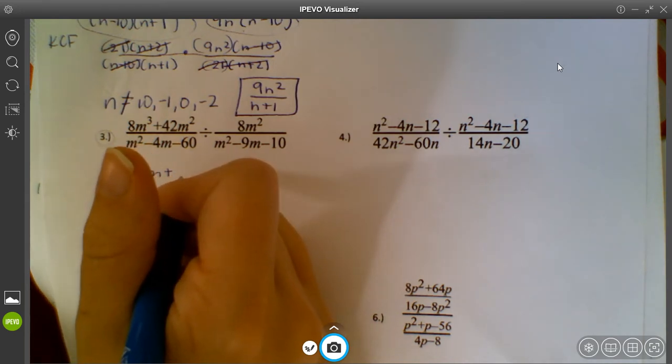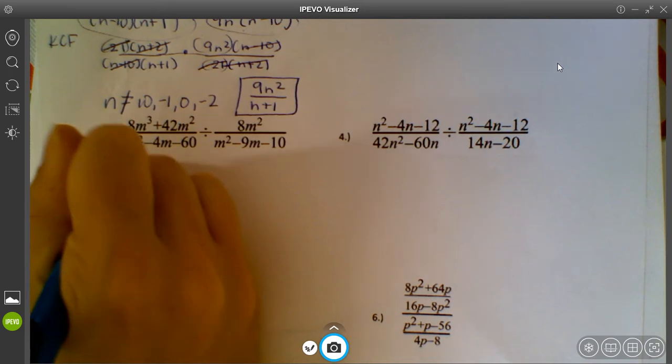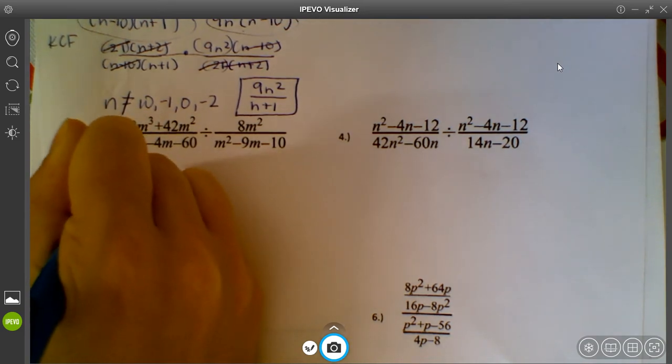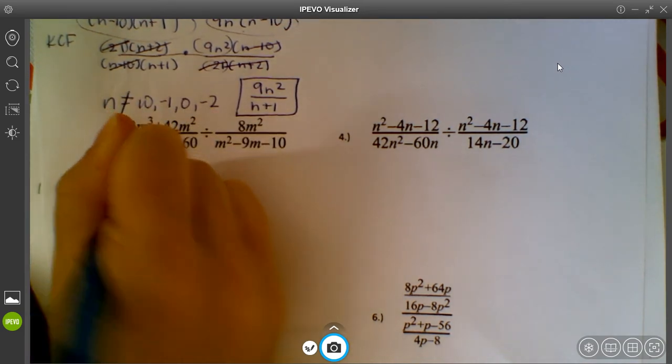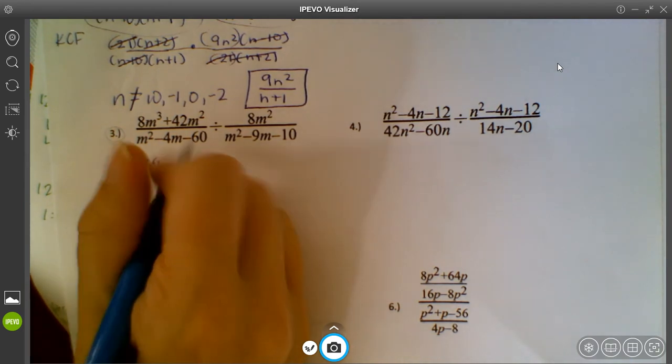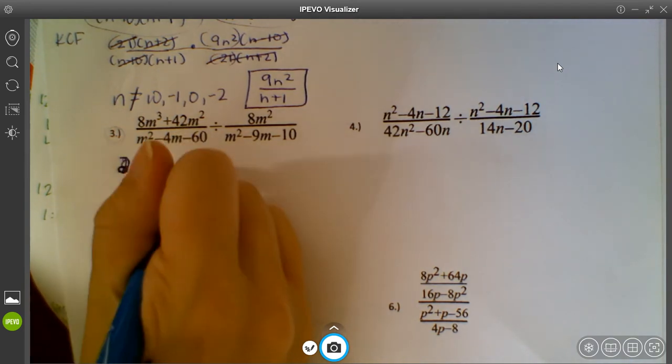Oh, 42 is not divided by 8, so 42 is not divided by 4. I could take out a 2, leaving me with a 4 and a 21.